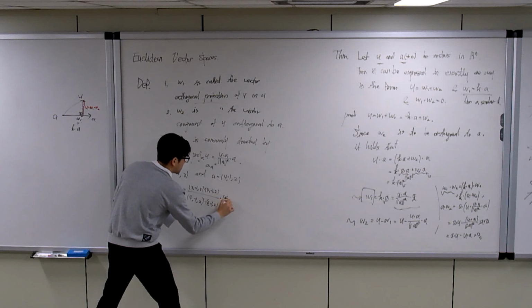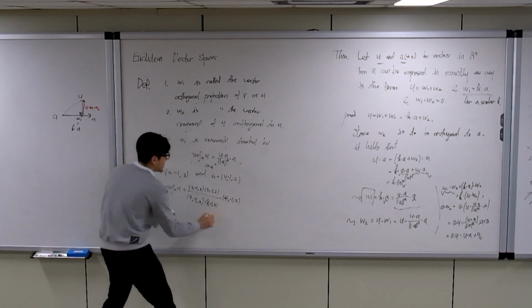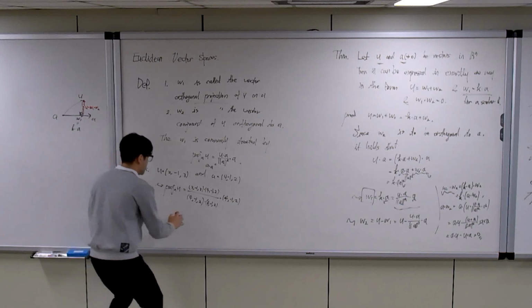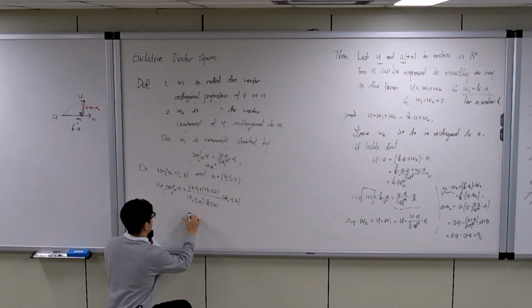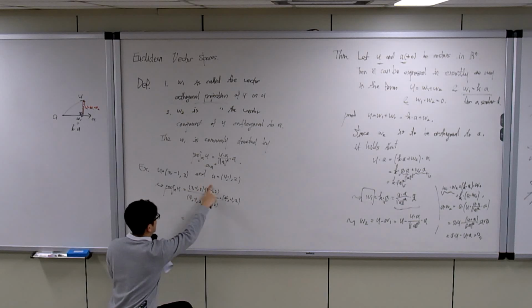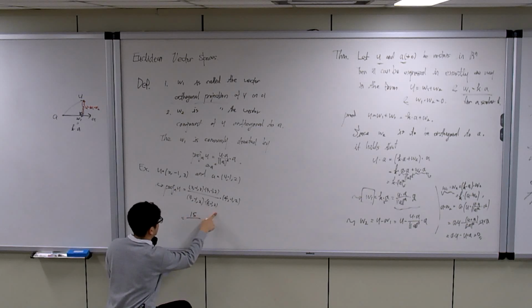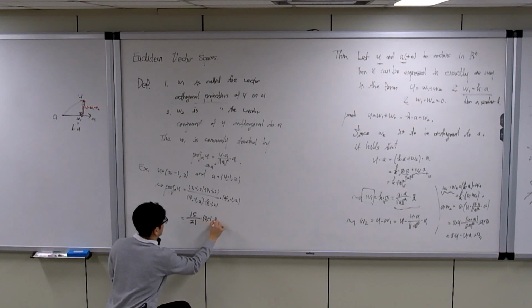If you calculate it, 8 plus 1 plus 6 is 15, over 16 plus 1 plus 4, which is 21.